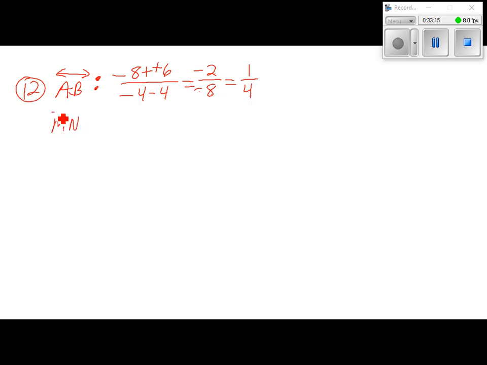Line MN. Let's see if I can do this one without reading the wrong thing here. Our y's are 5 and negative 3, so 5 minus a negative 3 on top. Our x's are negative 3 minus a negative 1. Change that to plus, change that to plus.